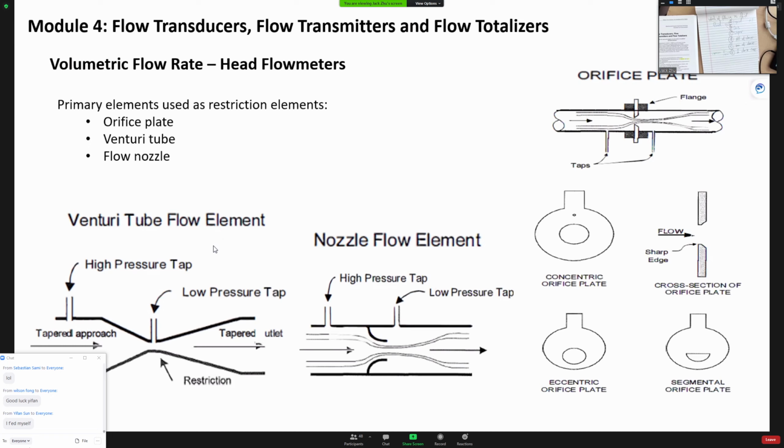This one is the cheapest, but it depends on the flow rate. If your flow rate is really low, this one cannot give you a very accurate measurement. Same thing for this one. If you want to do maintenance or repair, the cost is going to be way higher.